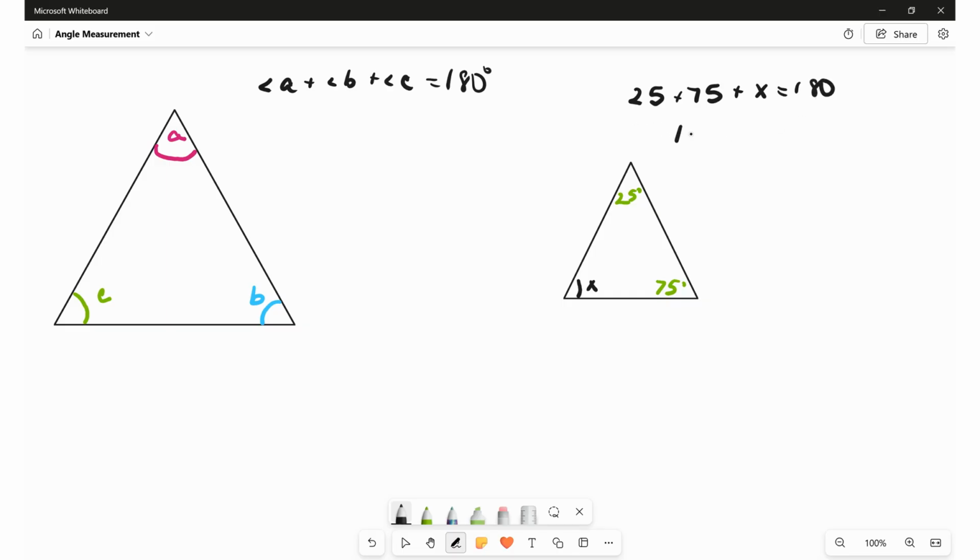Well, when we start to work this through, we have 100 plus x is equal to 180, which means that x has to be 80 degrees. And we can do that for, honestly, any triangle whatsoever. So that is all that I have for angle measurement.